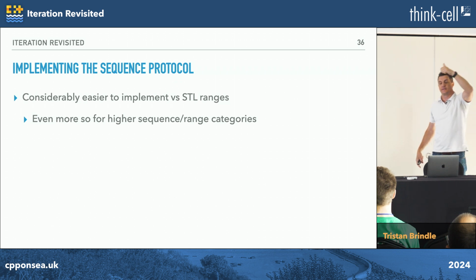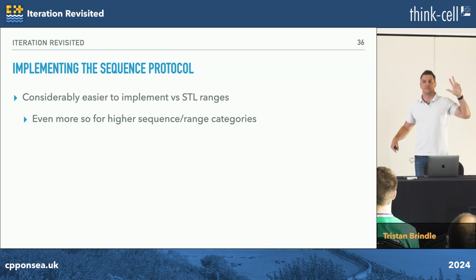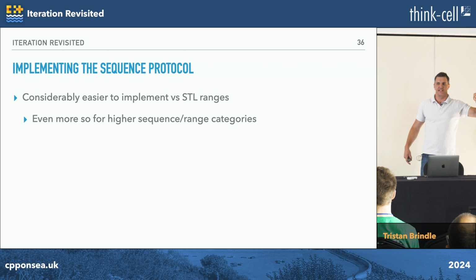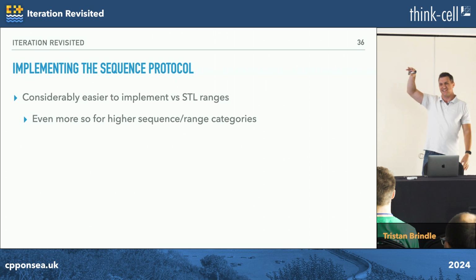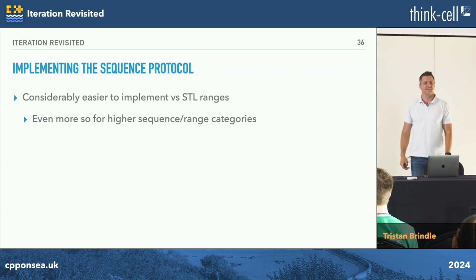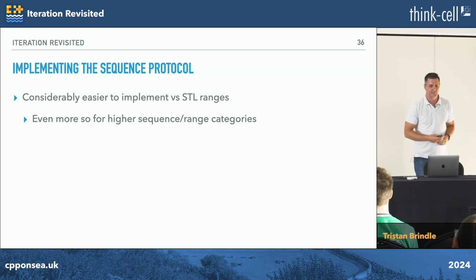If we want to make it random access, there are two more functions: we add an overload of inc that takes an offset, and we add the distance function. Three more functions to get all the way to random access. Compare that to implementing a random access iterator, where you've got something like 30-ish operator overloads, a crazy amount of work.